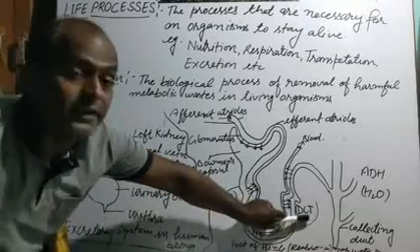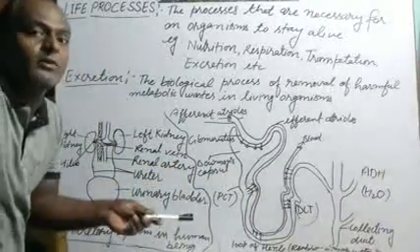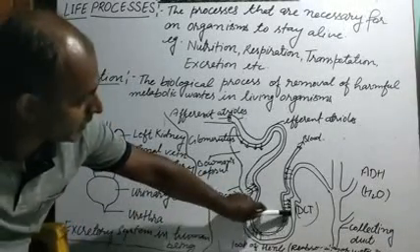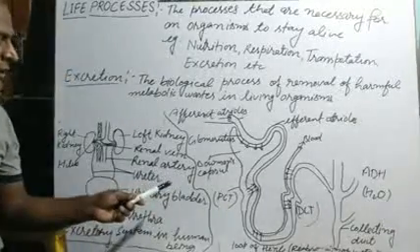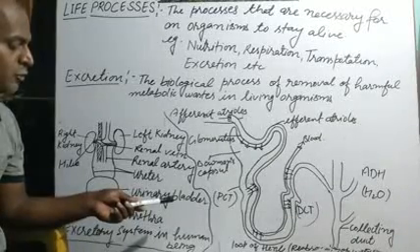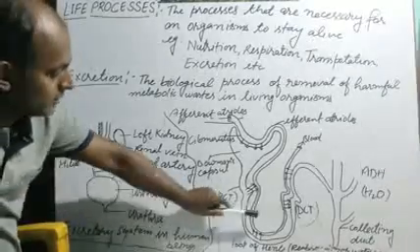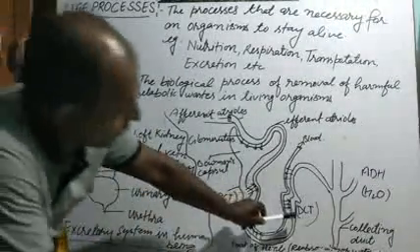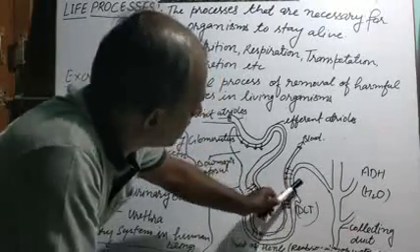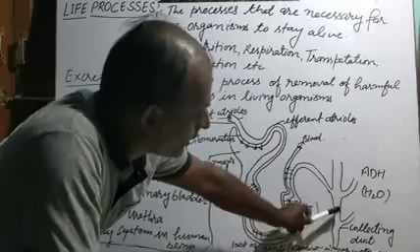This is the DCT, the distal convoluted tubule. When urine passes here, there is selective reabsorption of useful salts and final excretion of urea and waste salts. From this portion the urine is again transported upward, there is again reabsorption of extra water, and it goes into the collecting duct.